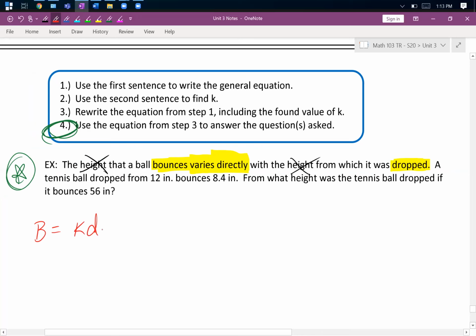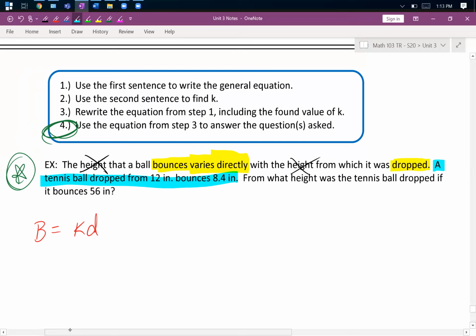Now we're going to use our second sentence to find K. We're just plugging the numbers in and solving for K just like before. So the ball is dropped from 12 inches and it bounces 8.4.